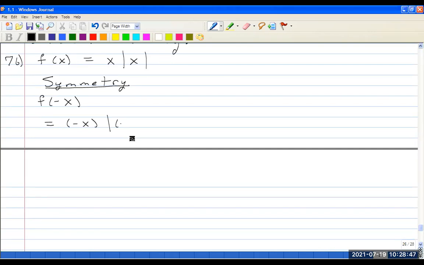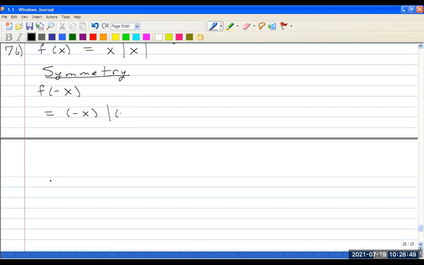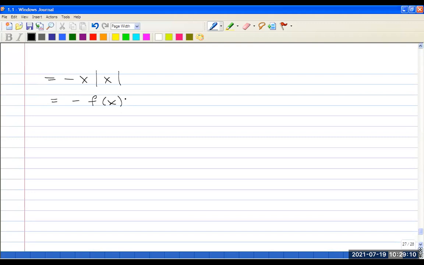The absolute value of -x is just the same as the absolute value of x. And so x times the absolute value of x is f of x. So this is equal to minus f of x. Since f of -x equals minus f of x, we have that f here is an odd function.